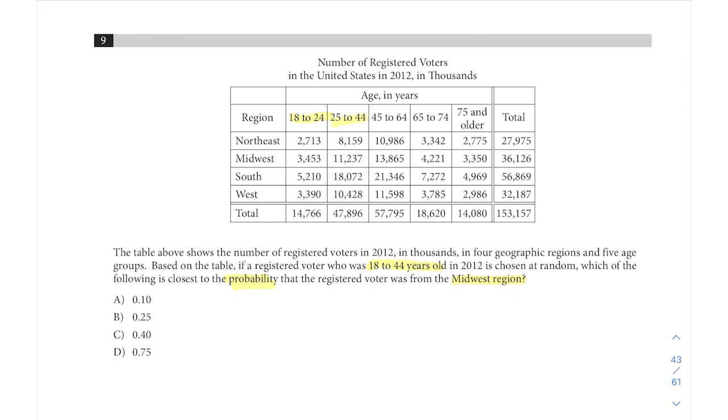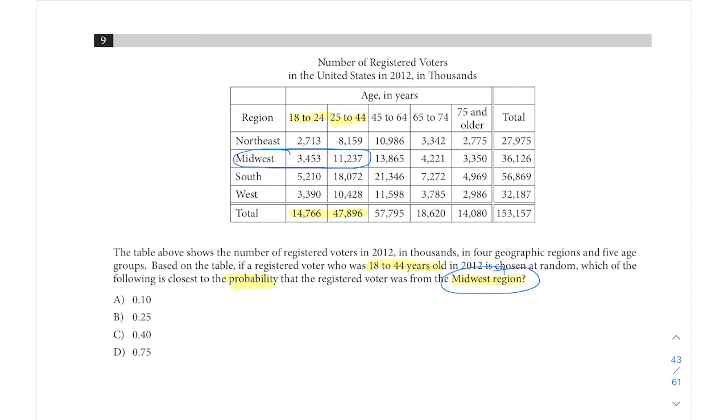So here we're only looking at those voters 18 to 44, which means just these 2 columns here. So we can add together those totals to figure out the total voters, 18 to 44. And then for the probability of the desired result, they just want to know, out of those, how many are from the Midwest region.